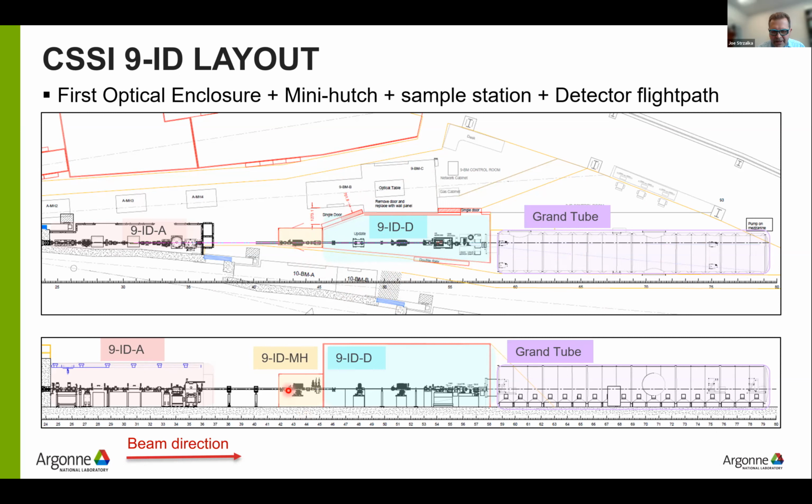In the elevation view, I'll just point out that there is a compound refractive lens, a transfocator, at this position in the mini hutch, and one in the D station before all the instruments. That's what I'll tell you about next. In this talk, I'm going to step through the beamline, working my way downstream as the photons fly.